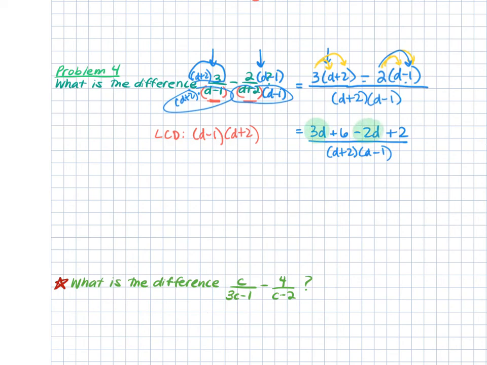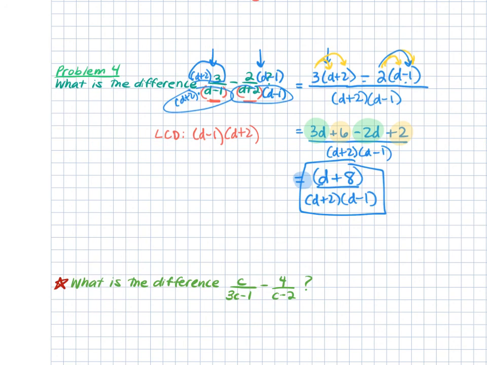These two are like terms, so this becomes just d. And then these two are like terms. 6 plus 2 is 8, so this becomes d plus 8, divided by d plus 2 times d minus 1. Nothing cancels. So that is the answer.